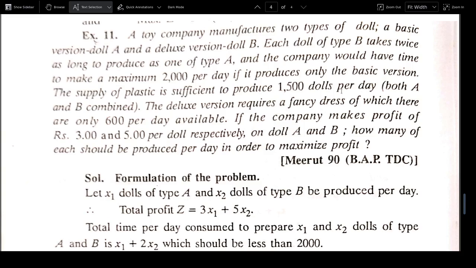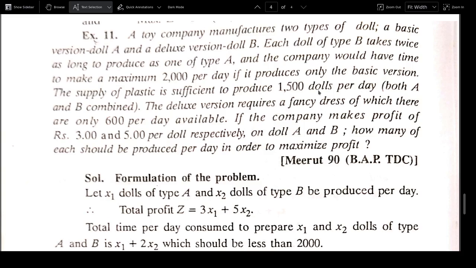The supply of plastic is sufficient to produce 1,500 per day, both A and B combined. The deluxe version requires fancy dress trays, of which there are only 600 per day available. If the company makes a profit of rupees 3 and 5 per doll respectively on doll A and B, how many of each should be produced per day in order to maximize profit?